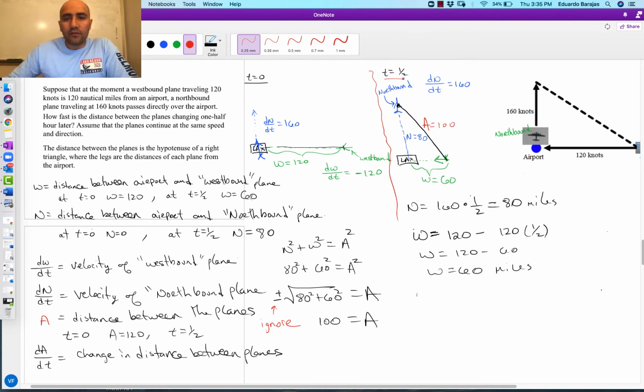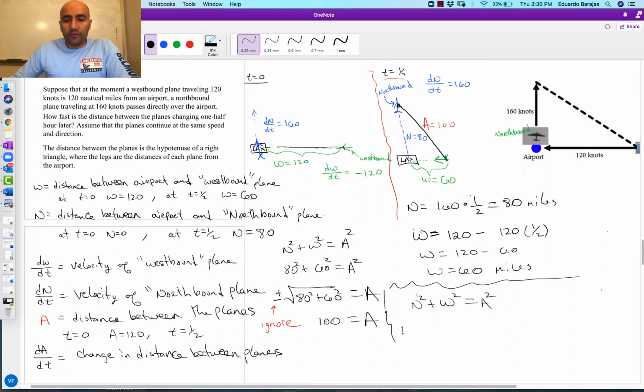So at this particular snapshot in time, these are the values of N, A, and W. Let's bring all those together again using our Pythagorean formula. Let's put it over here. And so we have N squared plus W squared equals A squared.